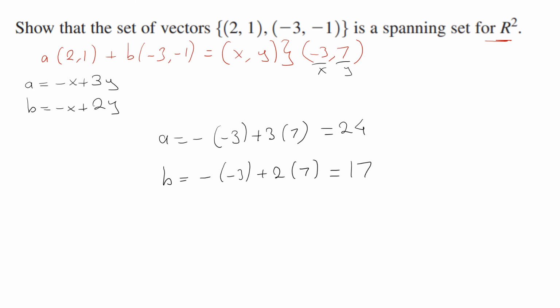Now all I need to do is plug these values in place of a and b, so a will become 24 and b will become 17. And as for my x and y, it will just become -3 and 7, which I plugged in. So I can say yes, the set of vectors is a spanning set for R squared.